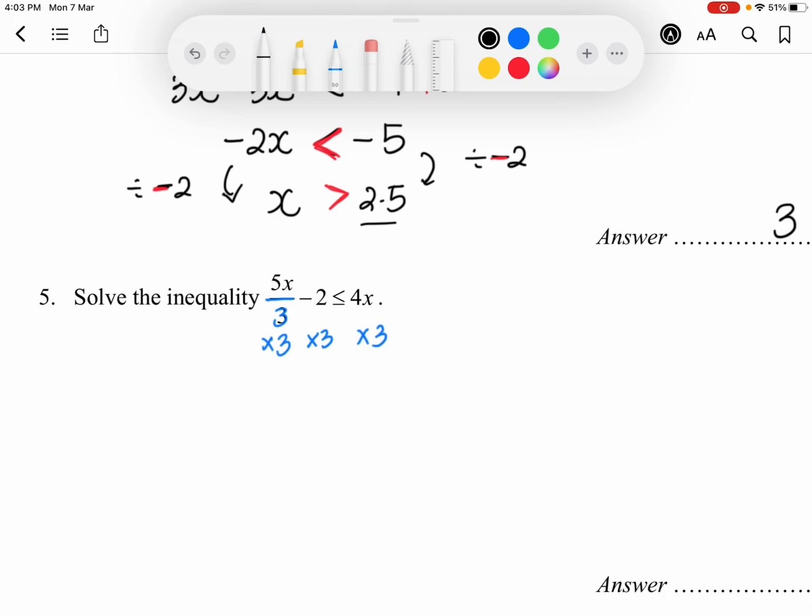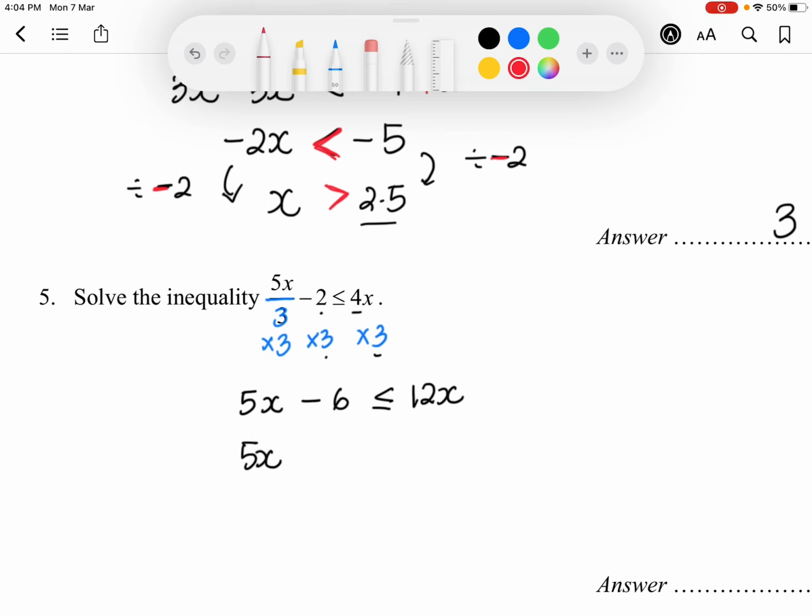So if I multiply everything by 3, this one, 3 times 3, will give you 5. -2 times 3, -6. 4x times 3, 12x. So that's my first step. Then now I'm going to shift the terms around.